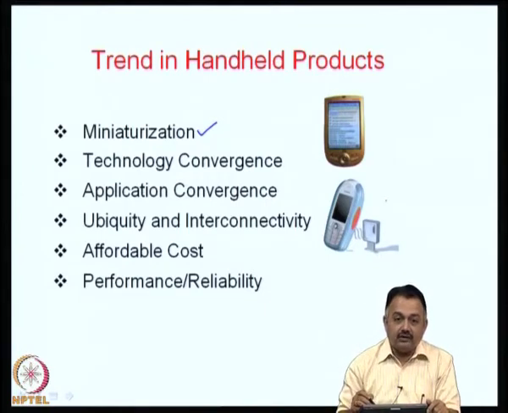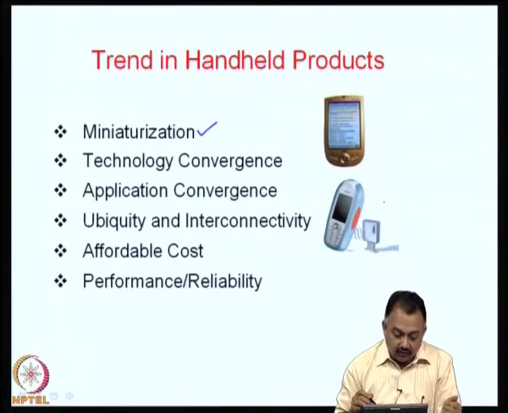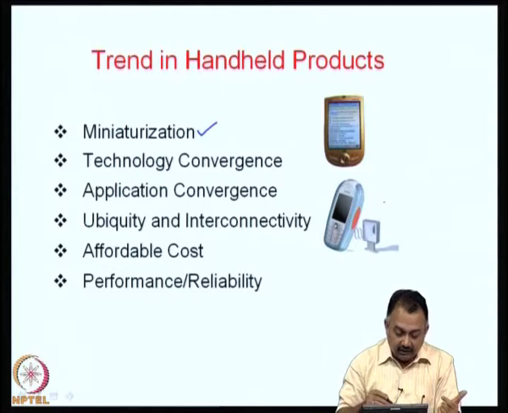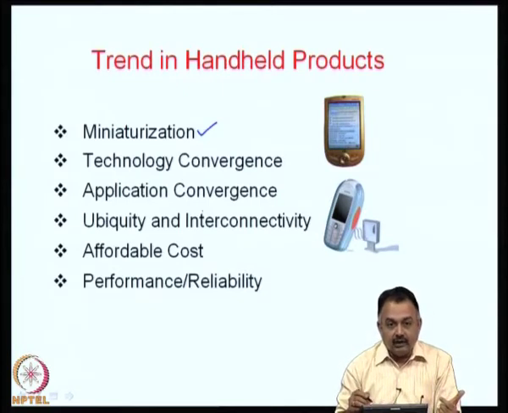So, a lot of thinking has to go into the electrical design aspects of this miniaturization concept. Technology convergence. So, global technologies are available. Anything that works in India should work in the US or in Europe. Application convergence, especially internet, for example, if you are going to use a mobile phone with internet facility, Wi-Fi, Bluetooth.